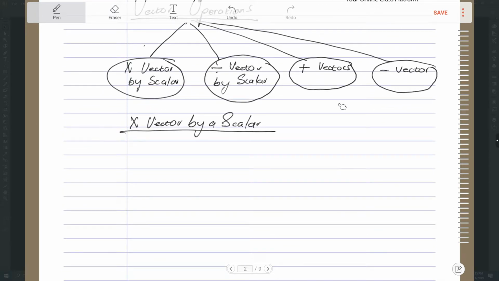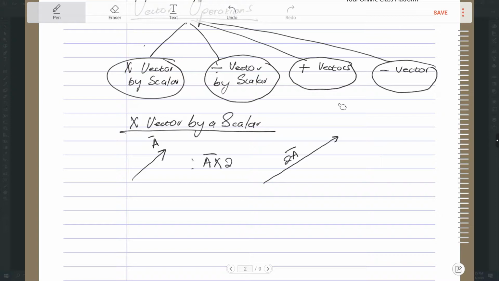So say we have a vector A, and we take that vector, we multiply it by a scalar of a magnitude of 2, positive. So what will happen to the vector is that the vector will be enlarged by a factor of 2. So this time we'll have 2 times the vector A.